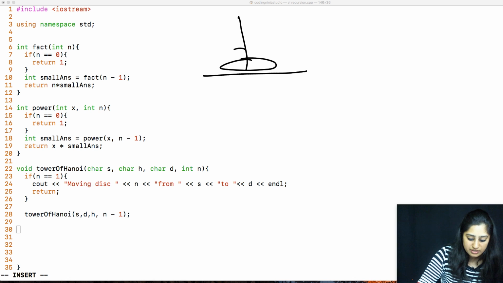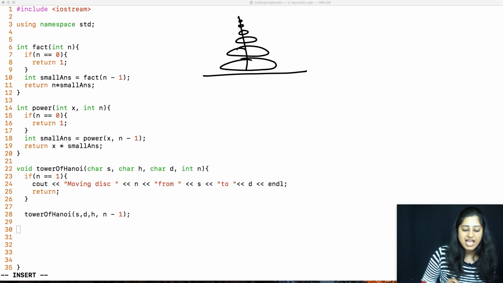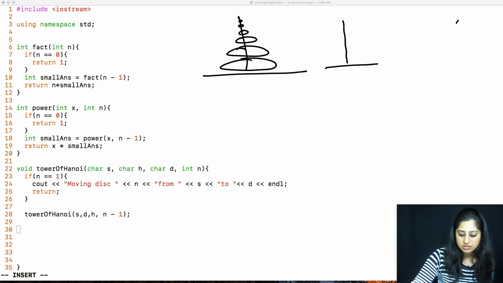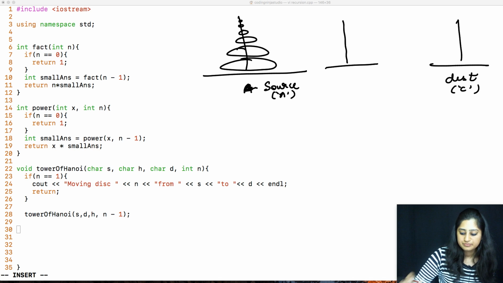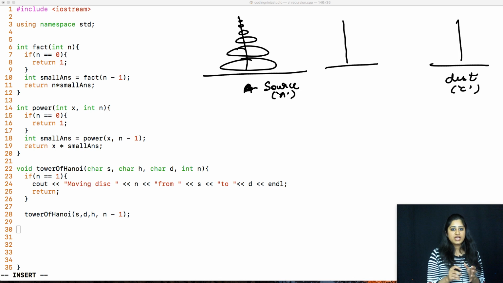I don't have one disk, I have more than one disk now, and I have to move all those disks from A to C, or I should write source to destination. Source is character A, destination is character C. So I have to move all these disks from source to destination.